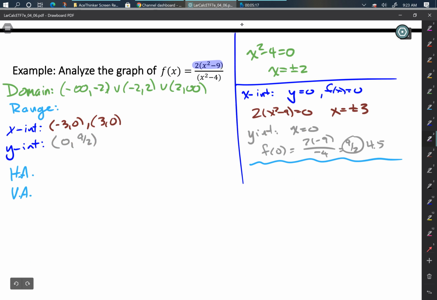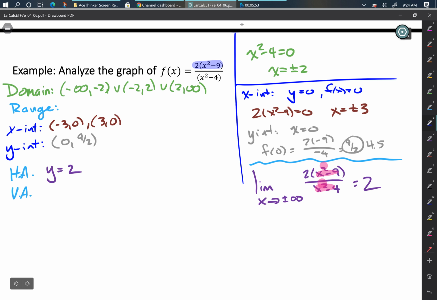Horizontal asymptotes are answering the question, what is the limit at plus or minus infinity of our function? When x gets really, really large, either positive or negatively, because of that squared there and there, those two binomials are essentially going to cancel each other, and we get a horizontal asymptote, or a limit at infinity and negative infinity of 2.